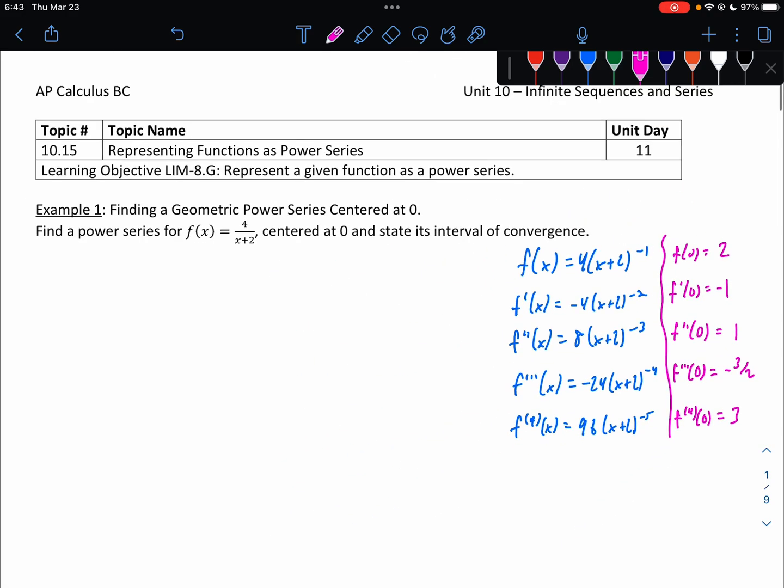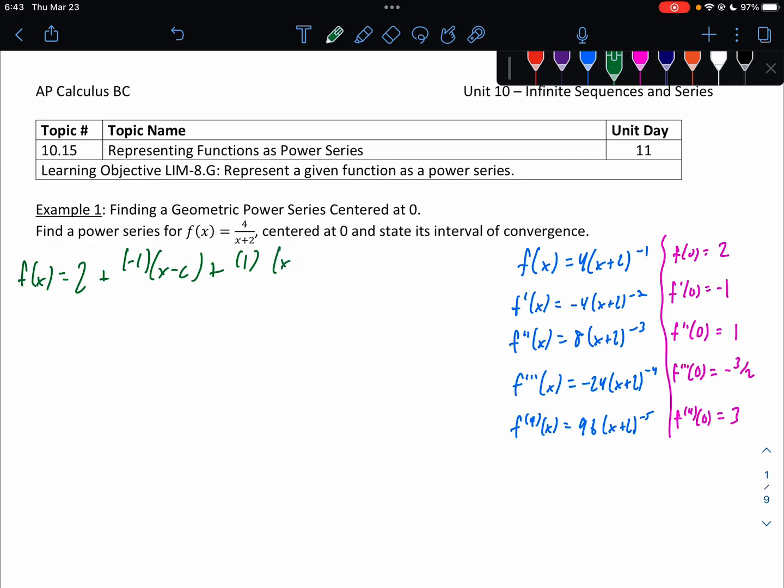All right, so now when we write our power series out here, we're going to go ahead and use our Taylor series format. So f of x equals f of c, which is 2, plus f prime of c, which is negative 1, times x minus c, plus f double prime, which is 1, times x minus c squared.